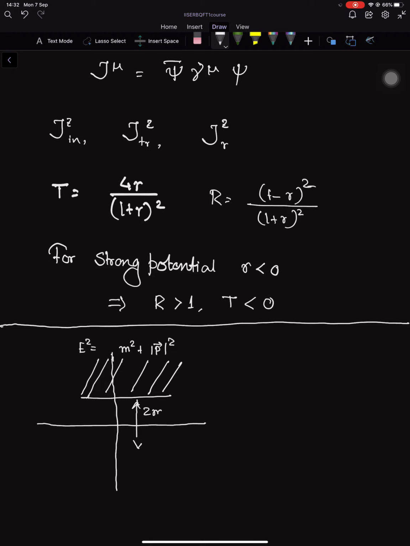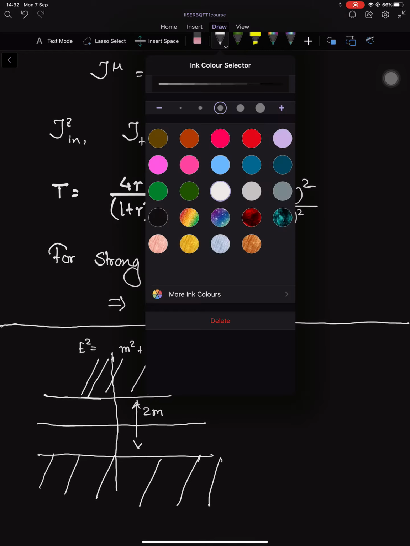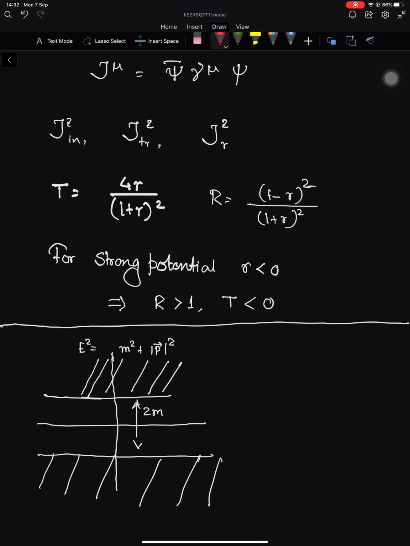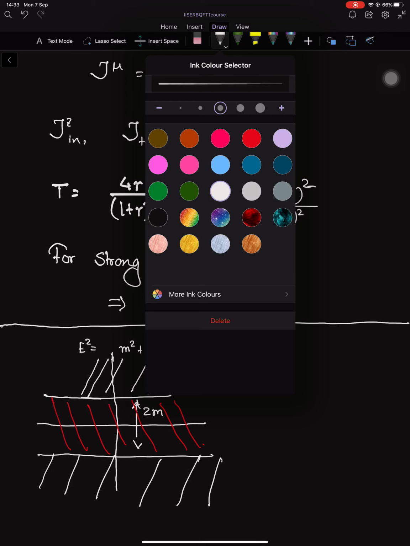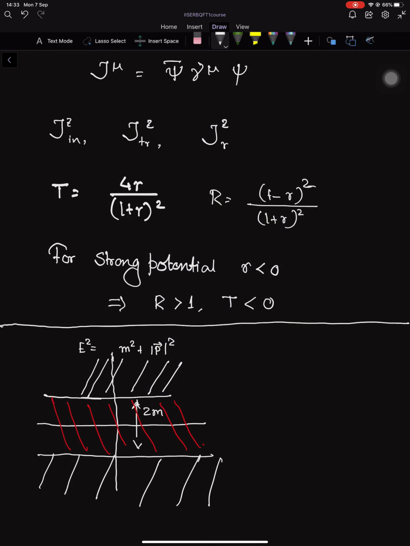This is 2m. But otherwise, these are all the allowed values of the energy. And this regime, this part is not allowed. So this is the allowed value of energy, and we usually discard this part, the negative energy part.